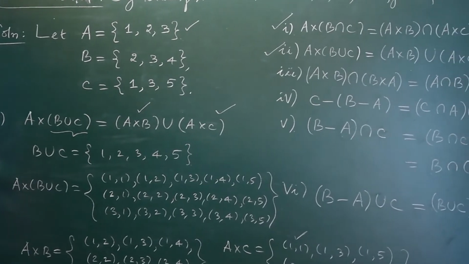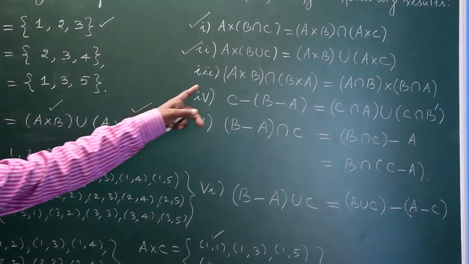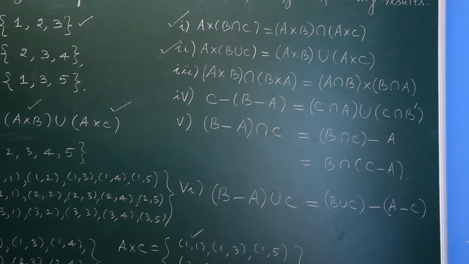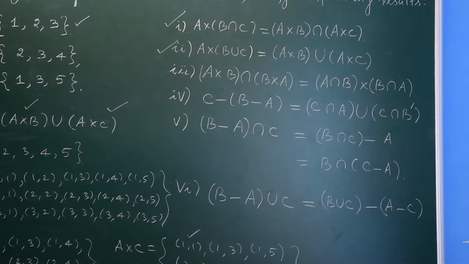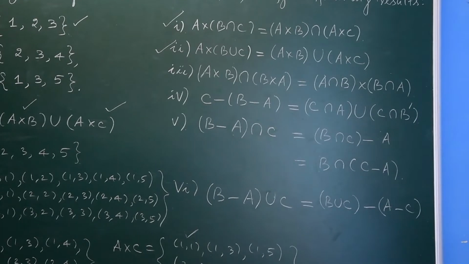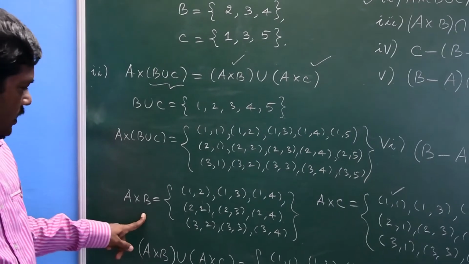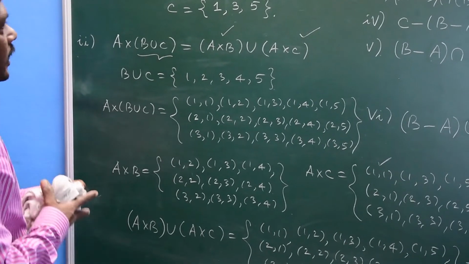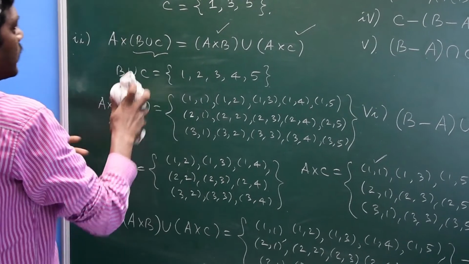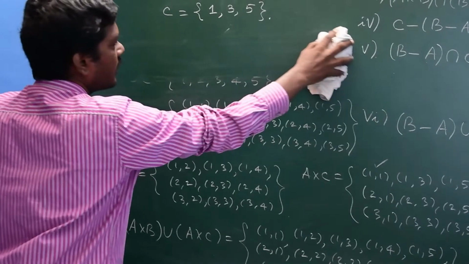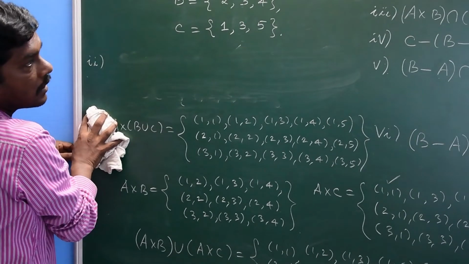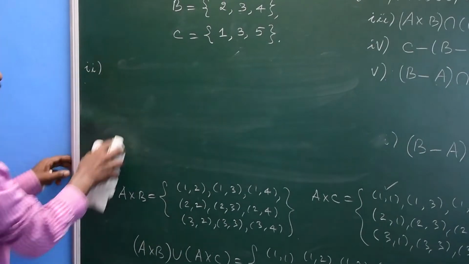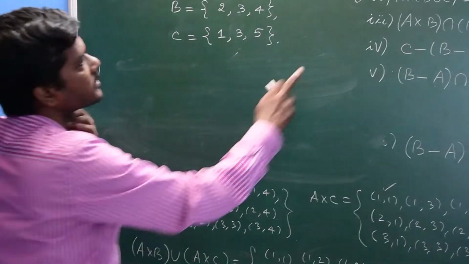Okay. Next, we have to verify these two results. Now what we do here is, A cross B we have already. A cross B we have, and B cross A. Okay, we have to have B cross A. Now for the third result, let us verify the third result.